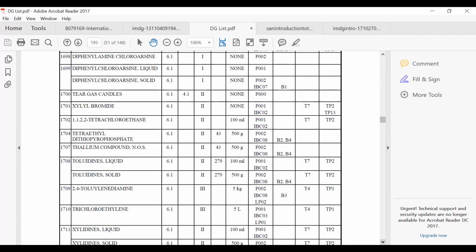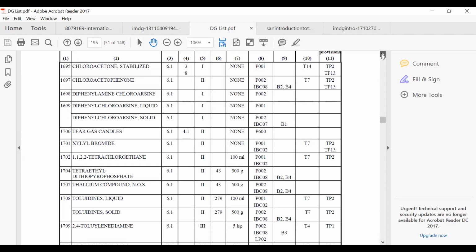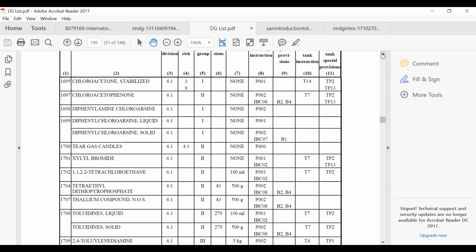Okay. I'm just going to ask another person to give me this, and I will explain what a subsidiary risk is. Because this one has a subsidiary risk, and we discussed this, but we'll discuss it today again. Peter, good evening.